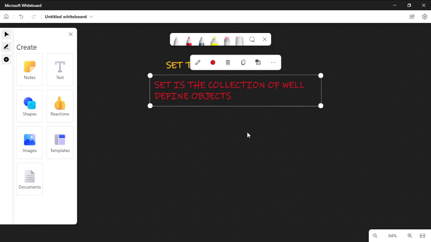And what do we mean by well-defined objects? Objects such that there is no ambiguity in their description. That is, the description is just clear. Just like if I say set of females, it means there is no opposite gender among them. They are all females. That makes it a set because it's well-defined. If I say set of students, it means you won't find workers or teachers or parents among them.